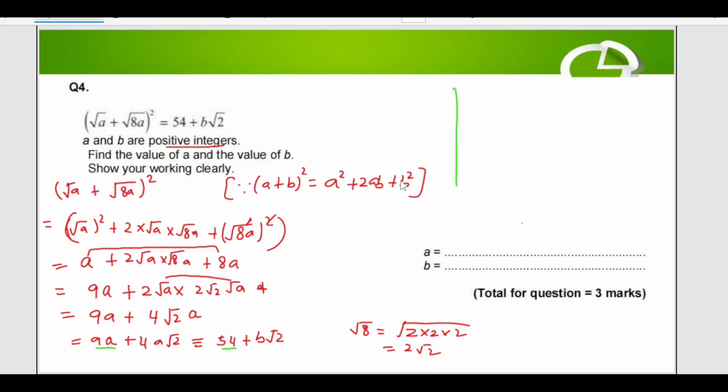So let me write here, 9a is equal to 54, so a is 6. Okay, so the value of a is 6. The other part, when you compare this one here, we will have b is equal to 4a, and a is now 6, so we are going to multiply. So a is 6, b is 24. So you see we have the values of a and b, and both are positive.